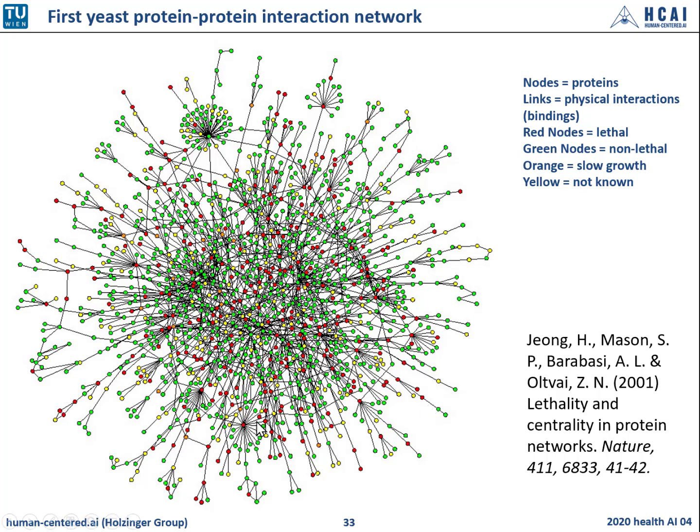Interesting is that this yeast is unicellular, typically measuring 4 micrometers in diameter. And here in this slide we see the first protein-protein interaction network. This is called PPI network. This was produced by Yeung and team from the Barabási lab, and this is perhaps the most useful yeast.